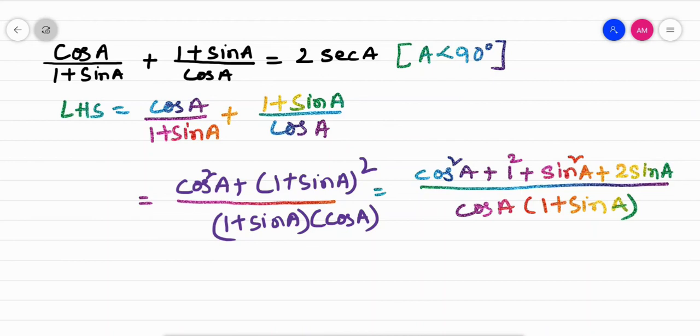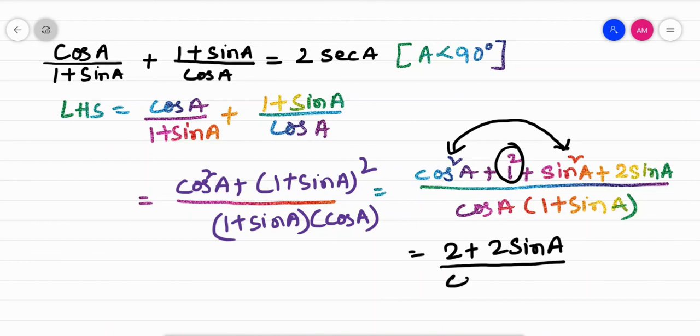Again see, this cos square A and this sin square A, both of them will be added together to give you 1, and then you will add this to this. So you are getting 2. So 2 plus 2 sin A by cos A into 1 plus sin A. I hope you got it.